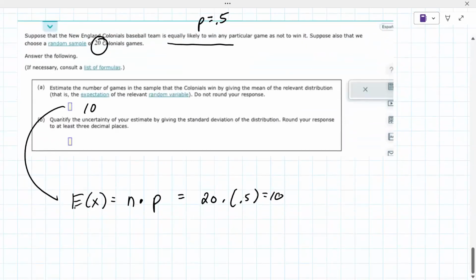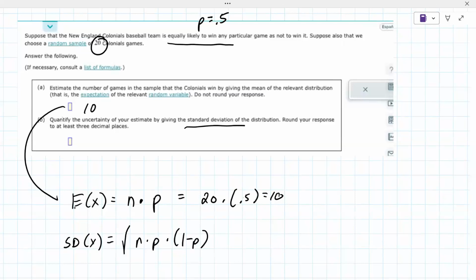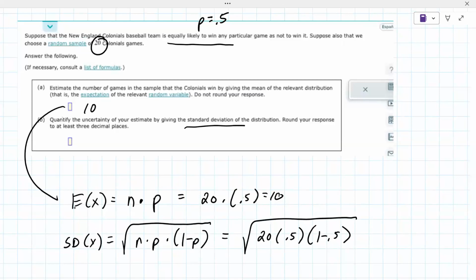Okay. Now the standard deviation of a binomial variable is n times p times 1 minus p, but it's the square root of that. So that's 20 times 0.5 times 1 minus 0.5, square root of that. So it should end up being the square root of 5.